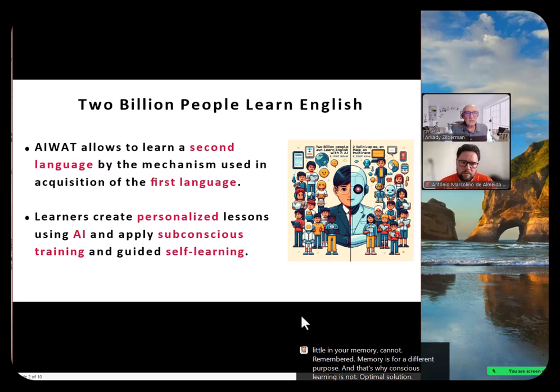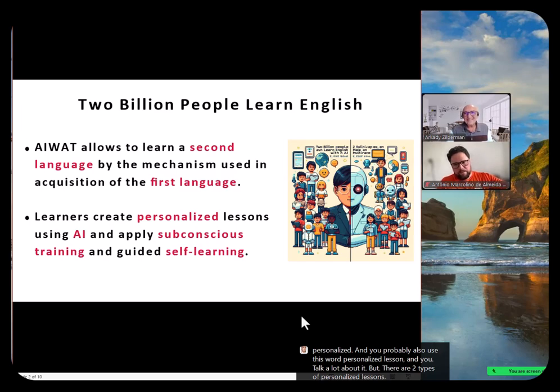Learners create personalized lessons using AI and apply subconscious training and guided self-learning. You see here the word personalized. And you also use this word personalized lesson, and you talk a lot about it, but there are two types of personalized lessons.